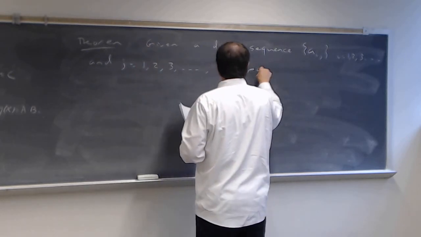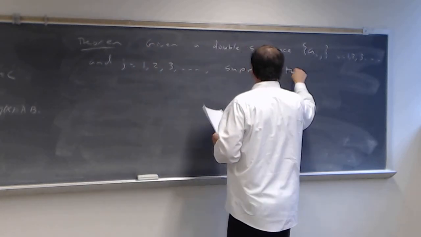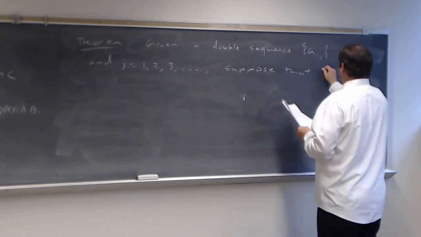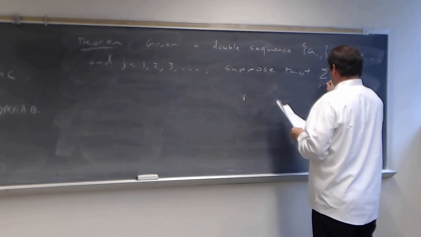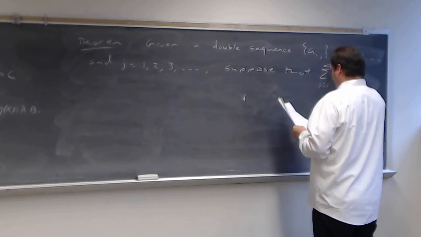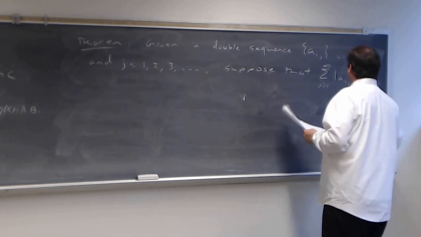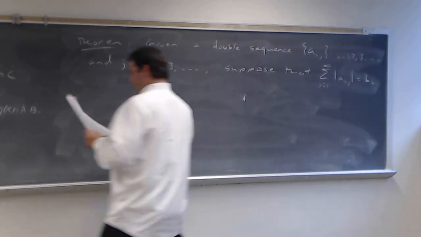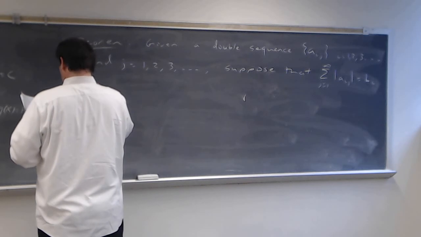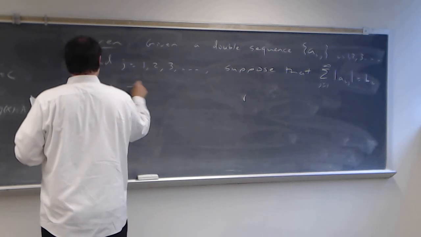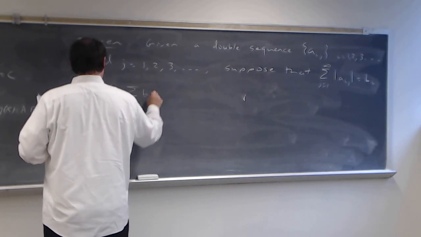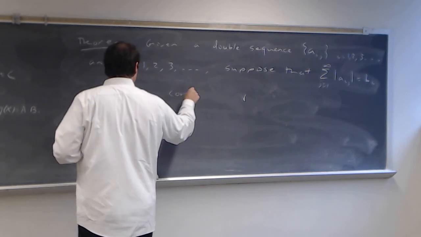Suppose that the sum, as j runs from 1 to infinity, of the a sub ij's equals b sub i, and the sum of the b sub i's converges.